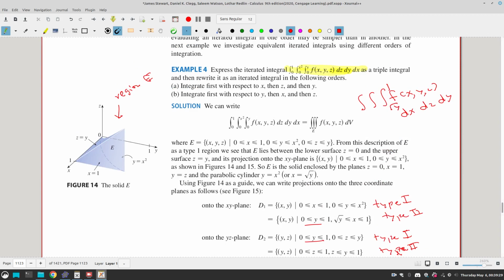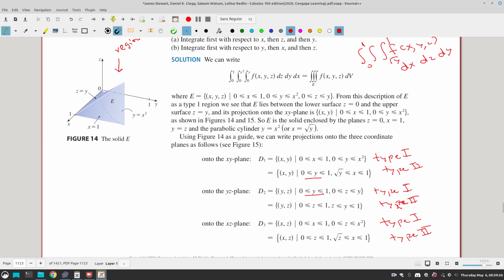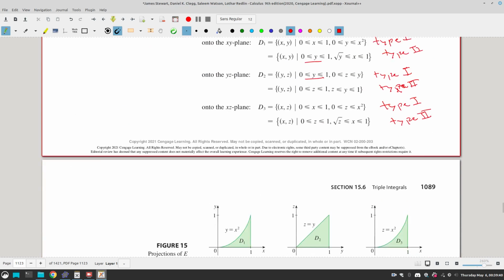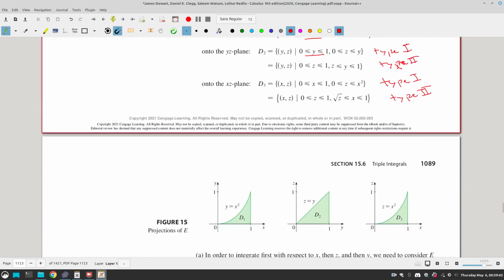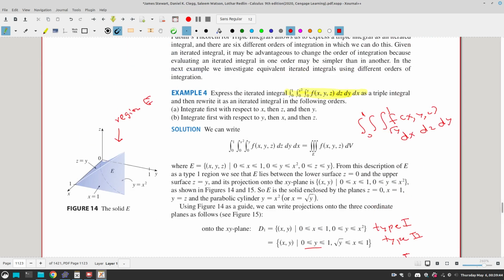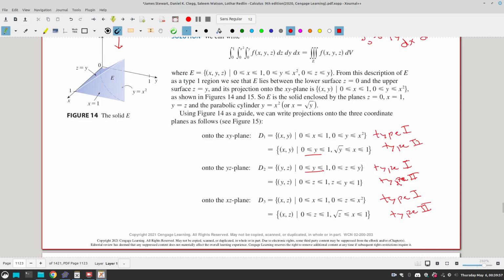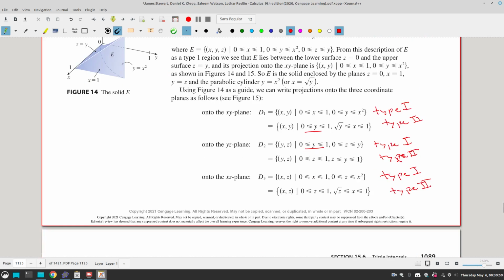The thing is that we want y to lie between two constant values, and z is then going to be between 0 and y. And of course you first integrate with y, then with respect to x, then with respect to z. So if you want to do that, z has to lie between two constant values.